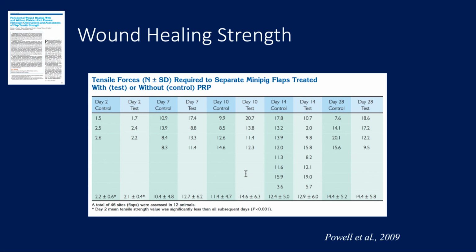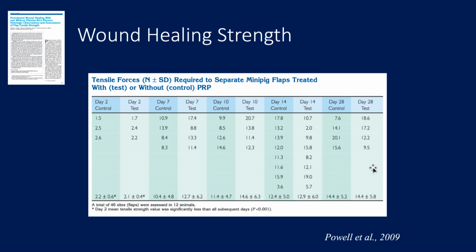The idea here was to see if the platelet-rich plasma enhanced the wound stability and the healing rate of the particular flap wound model. So you can see here, as we're looking at our control and our test through day 2 through day 7, there's an increase in flap strength, but much like mirroring Hyatt's data, as we're getting out into the later time points at around 14 days, we're beginning to see greater and greater wound strength.